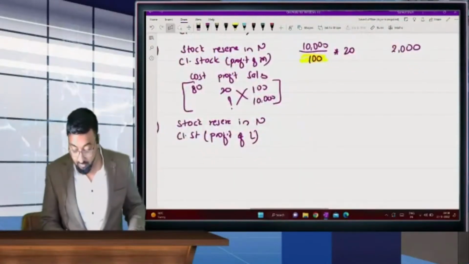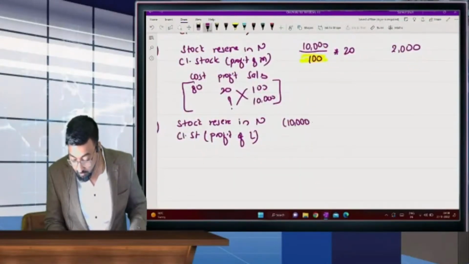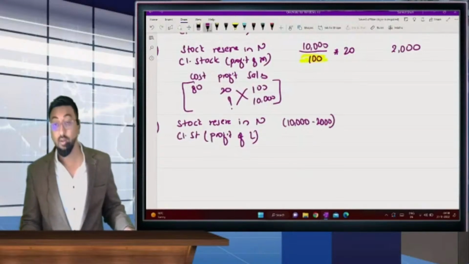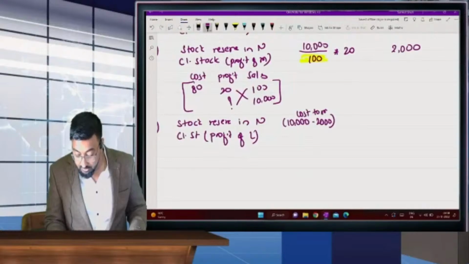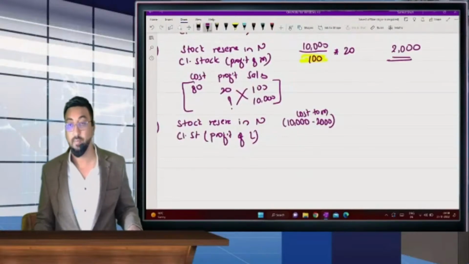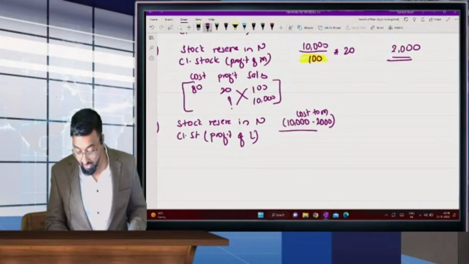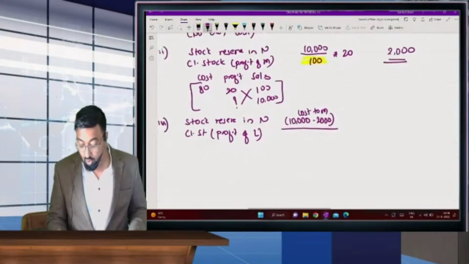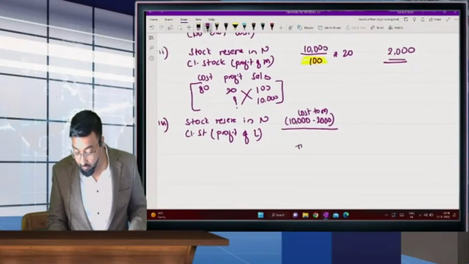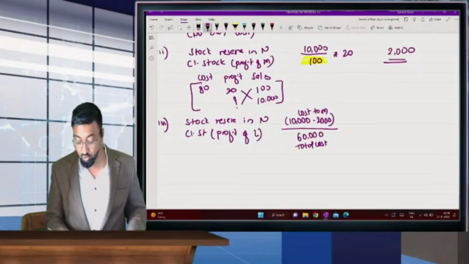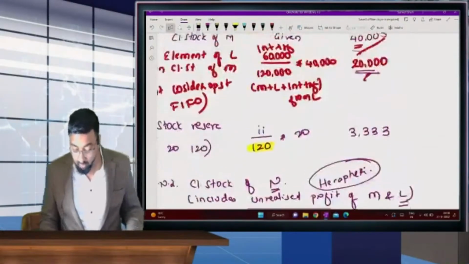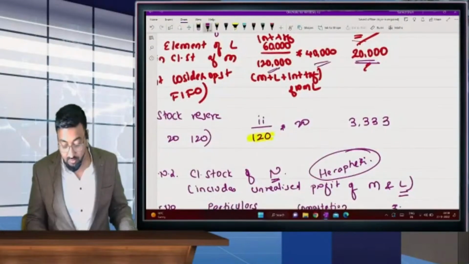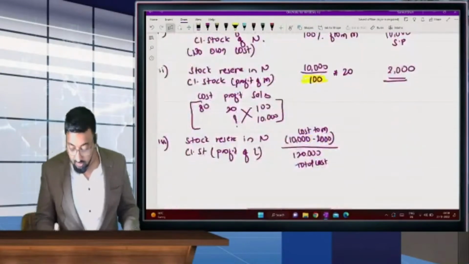Wait. Now 10,000 minus 2,000. This is the cost to M. This 2,000. Okay. And cost to M divided by total cost, 60,000. Sorry, total cost is 1,20,000. Similar calculation. Divided by 1,20,000 into internal transfer.